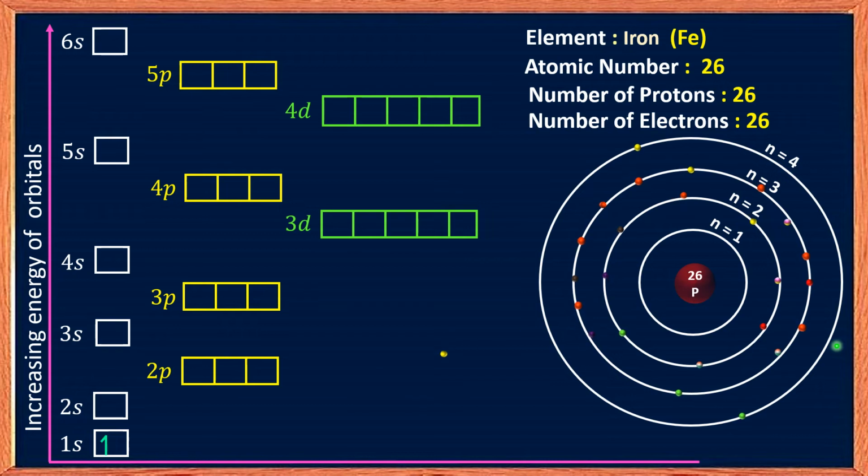First electron, second electron, next 2p is filled, then pairing will be taken place now.